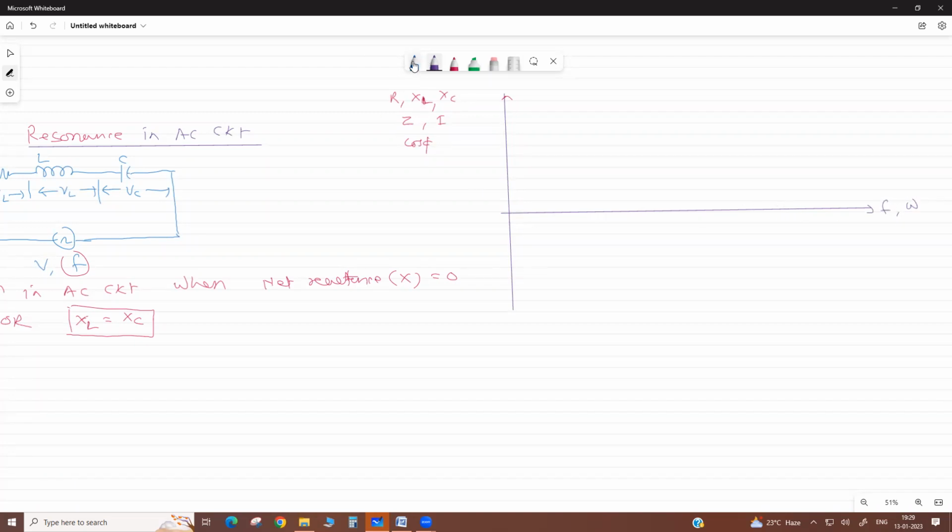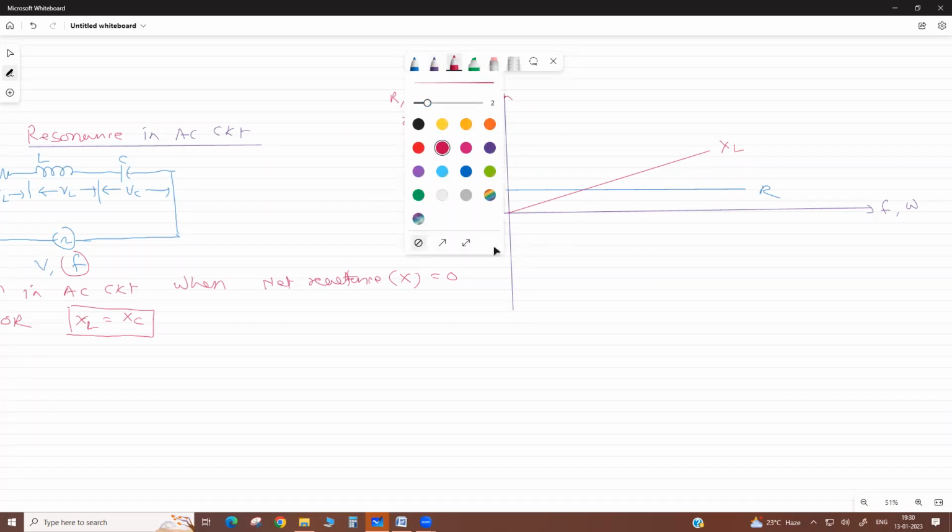As I told, resistance has a fixed value. R is constant. But XL, the inductive reactance, is directly proportional, so as frequency increases, XL increases, correct? And the capacitive reactance is negative.